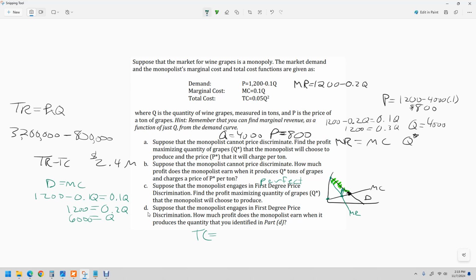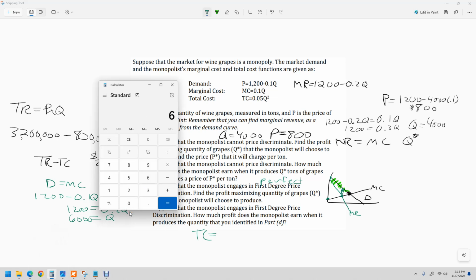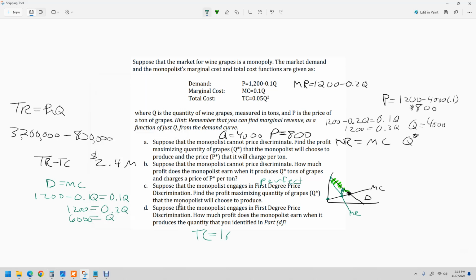Total cost is actually going to be 0.05 times Q squared, but on 6,000. So let's find out what the total cost is. So 6,000 squared, and then 0.05 is 1.8 million. So total cost is that.